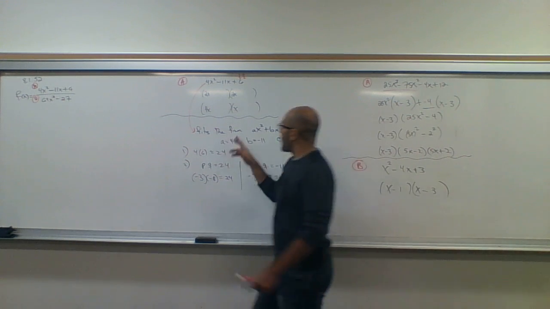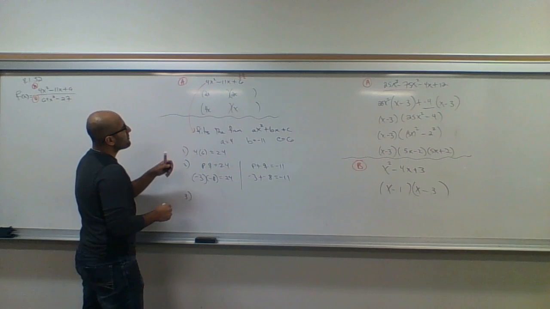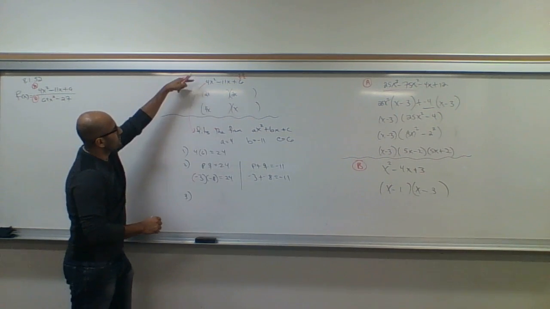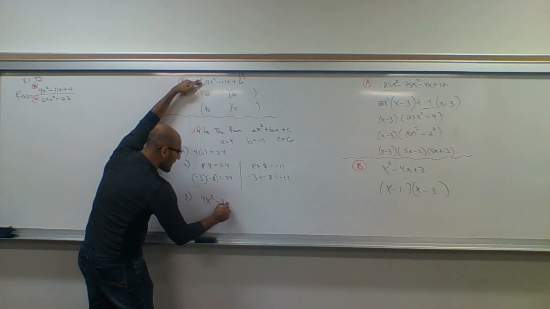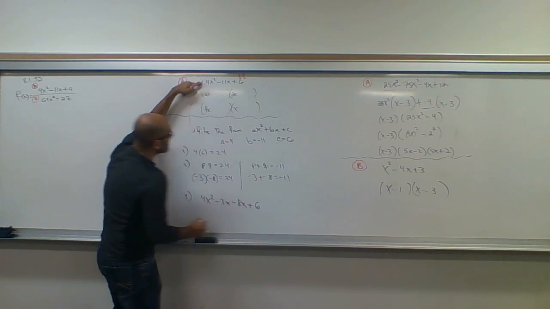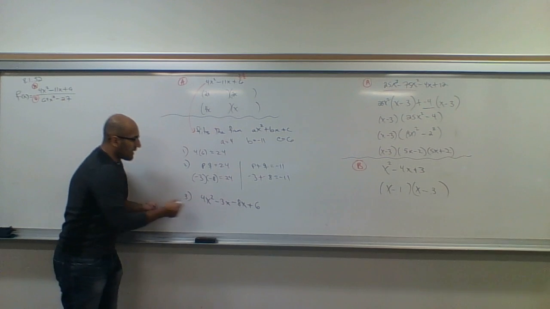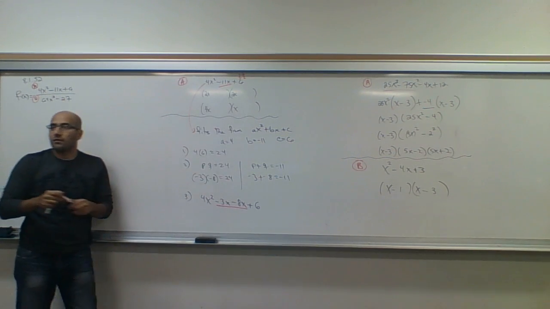Now the third step is to go back to the middle value, step number 3, and we're going to replace the b, the -11, with the two numbers that we just found. So we can go back up here, we're going to write 4x squared minus 3x minus 8x plus 6. So the -11 has been rewritten as -3 minus 8 instead of just -11.